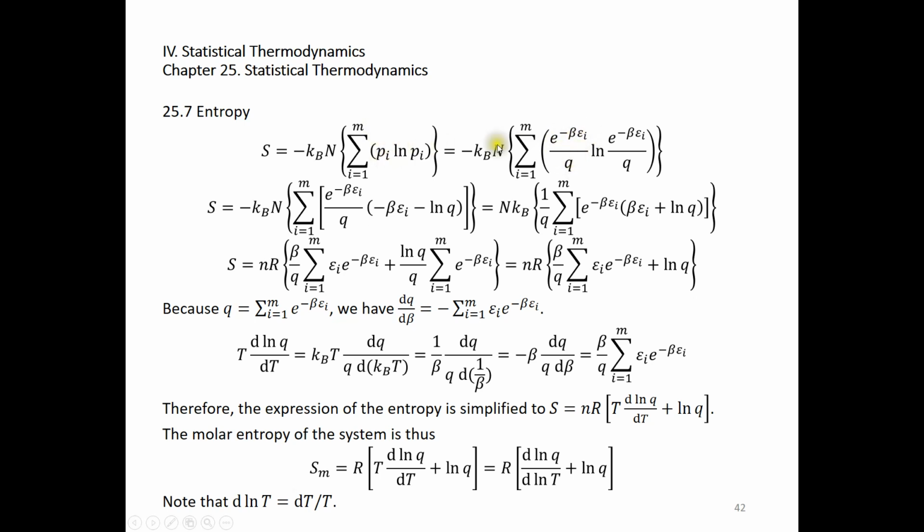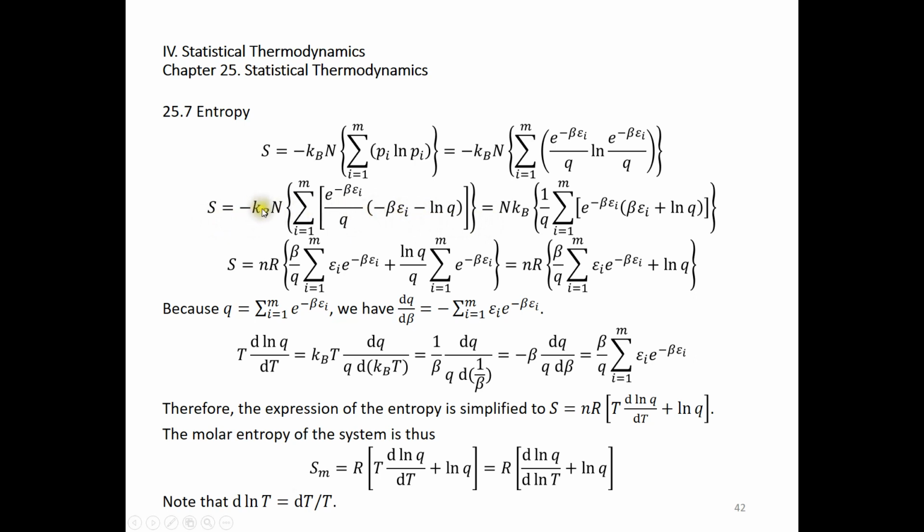So over here p_i is replaced with this as well, e to the power of negative beta epsilon i over q. Now expand this. This is simply the logarithm of the top minus the logarithm of the bottom. The logarithm of the top is negative beta epsilon i. The logarithm of the bottom is just minus ln q over here. So we have this expression.